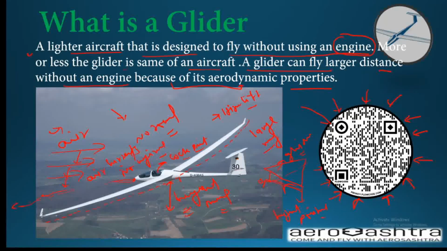Often reaching great height and distance, gliders are used for recreational purposes such as sport or competition flying, but they can also be used for scientific research, weather observation and military operations. Military operations, because it does not create any sound, so it can go through enemy ranges and come back very silently.